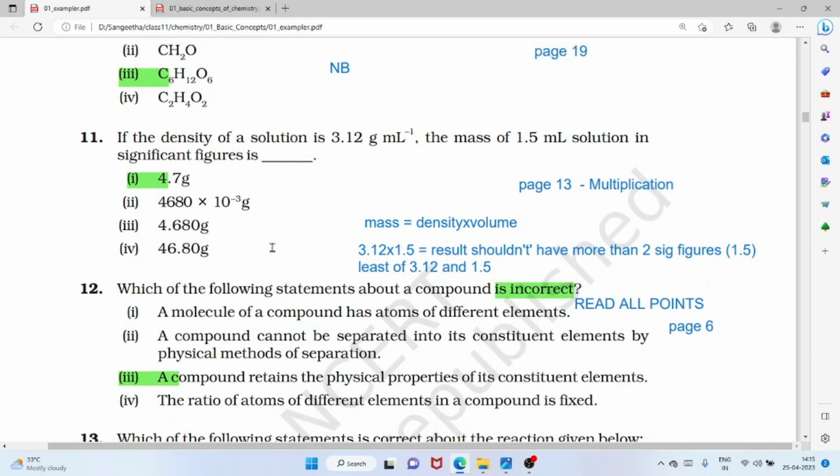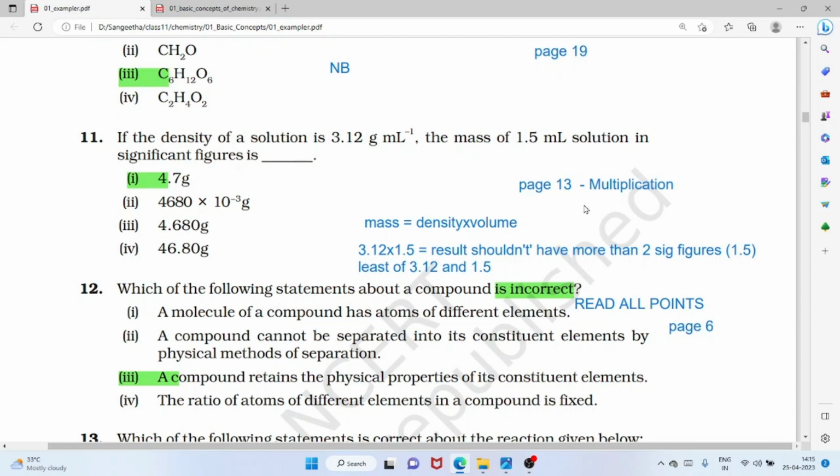They have given the density, and they ask the mass of 1.5 ml of solution in significant figures. Mass equals density into volume. Here you see 3.12 into 1.5. The least is only 2 significant figures, 1.5 having only 2 significant figures. The result also should have 2 significant figures only.